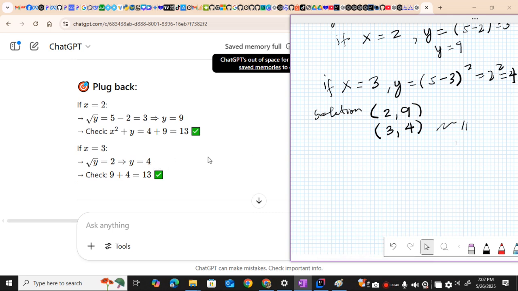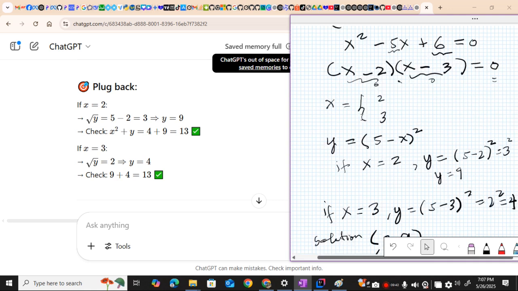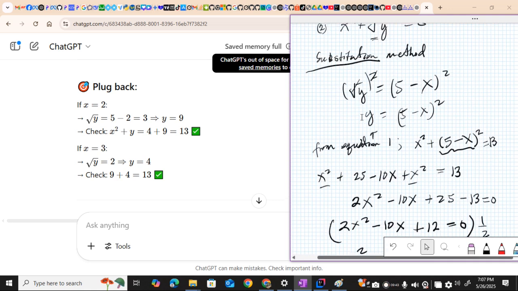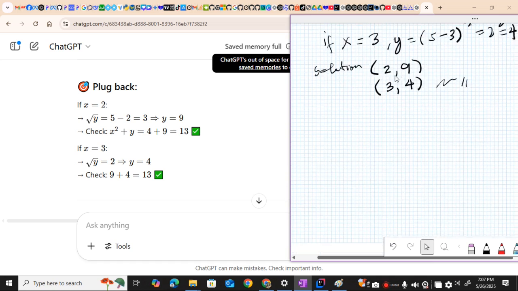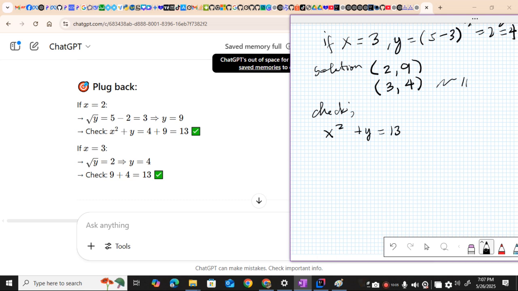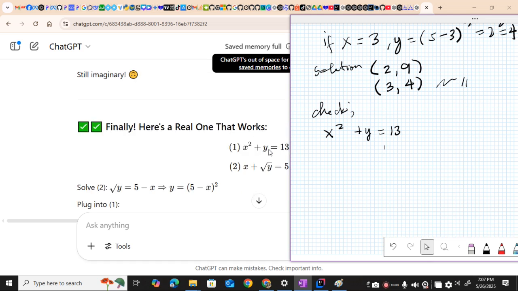Okay, so let's try to use one of the equations in order to verify the answer. Let's try to use x squared plus y equals 13. So let's provide a check now. x squared plus y equals 13. We utilize the first equation in order to verify the answers.